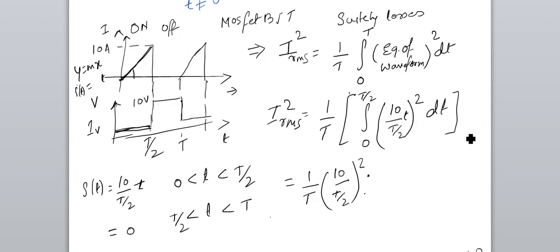T square integration will be t cube by 3, right? So t cube by 3 will be 10 by t by 2, whole cube, divided by 3. So if you do it, you will get the answer 10 upon root 6 ampere. So this is the RMS value, IRMS, of the current.